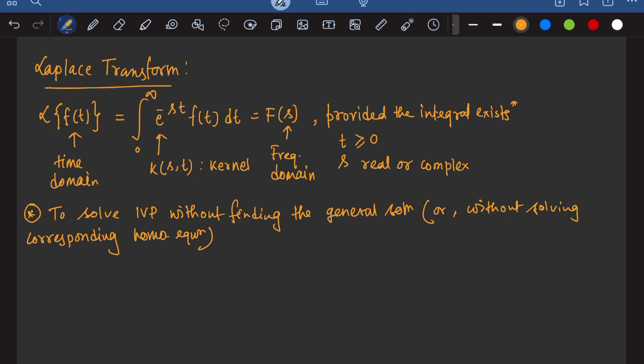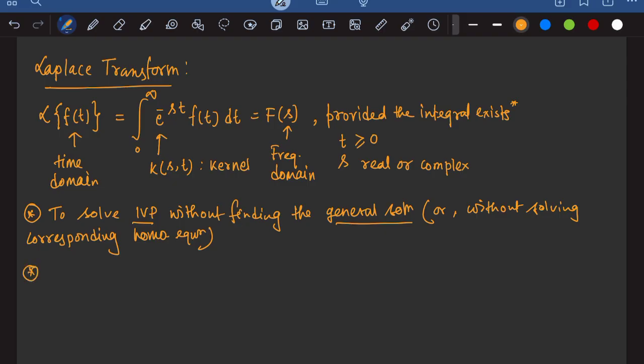This is the biggest advantage of Laplace transformation. Finding the solution of the homogeneous equation and then the particular integral, and so the general solution, is a laborious task. We'll learn how to apply this process. The Laplace transform directly gives you the particular solution for a given IVP. So this is the biggest advantage of having Laplace transformation.